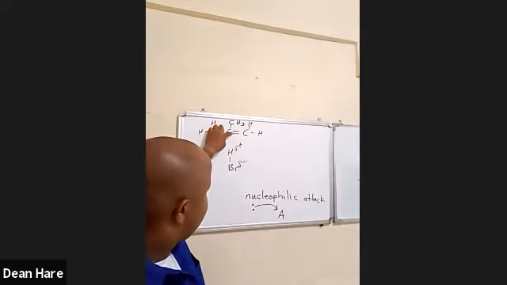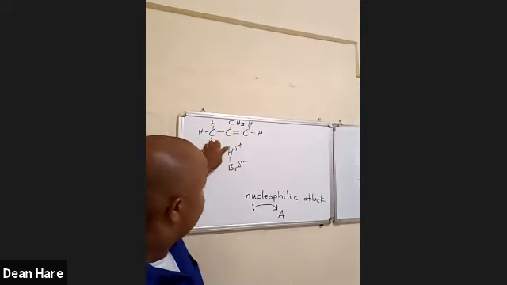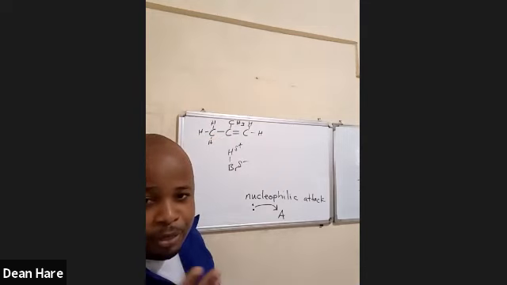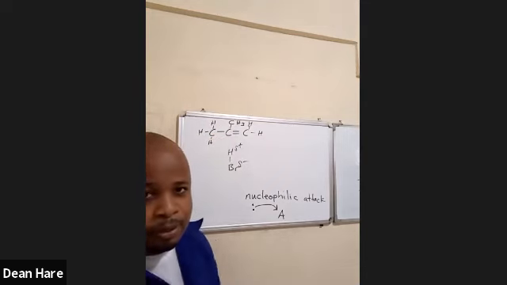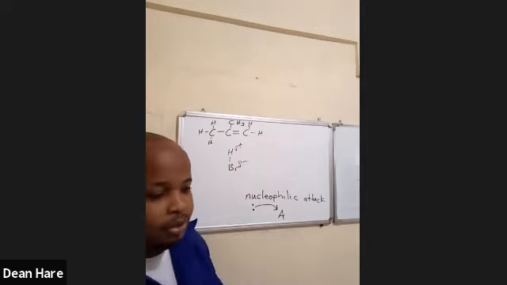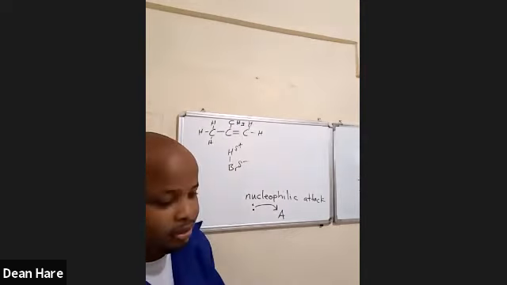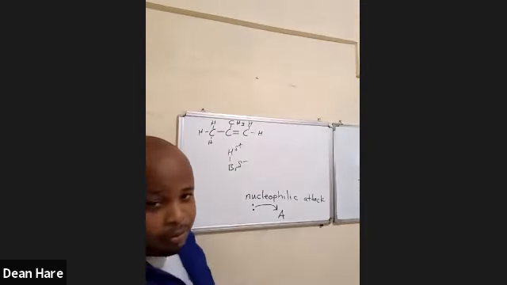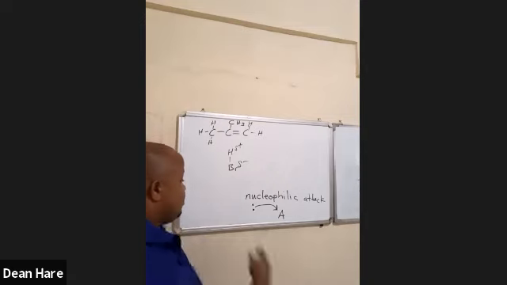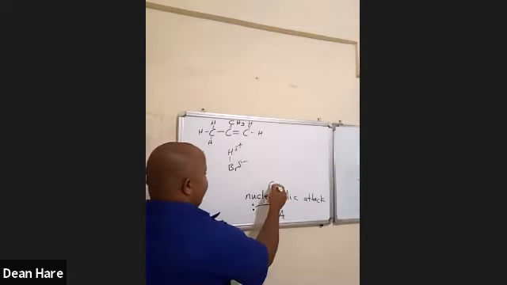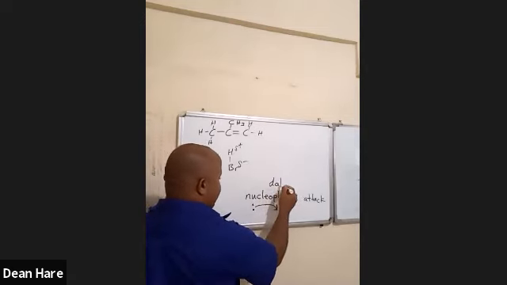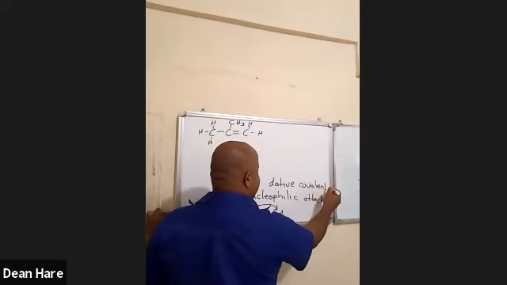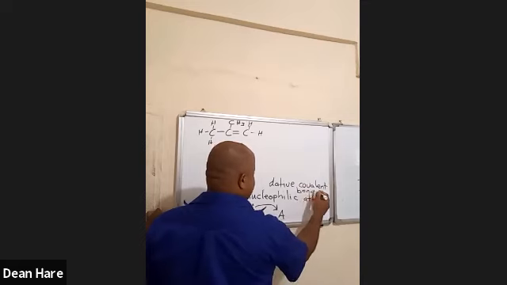So if the double bond does a nucleophilic attack on the hydrogen atom, what is basically happening there? What is being formed? We're forming a dative covalent bond. So a nucleophilic attack, we're basically forming a dative covalent bond. All right.